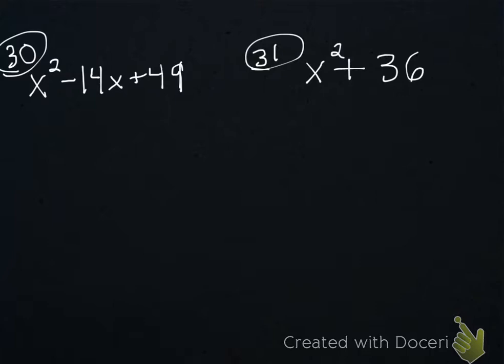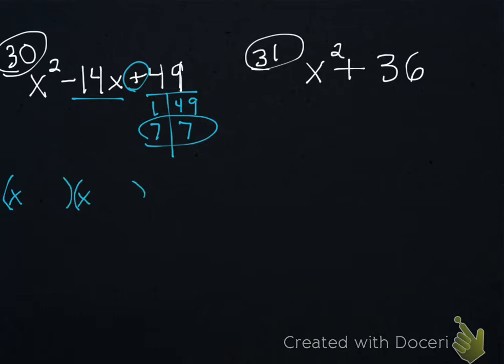Number 30. What's the constant? 49. What are my factors of 49? 1 and 49, 7 times 7. The constant is positive, so I need the numbers to add to give me my middle term, which is 14. 7 plus 7 equals 14. Write your parentheses for the binomials.